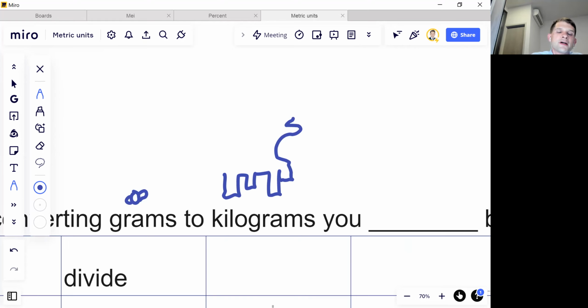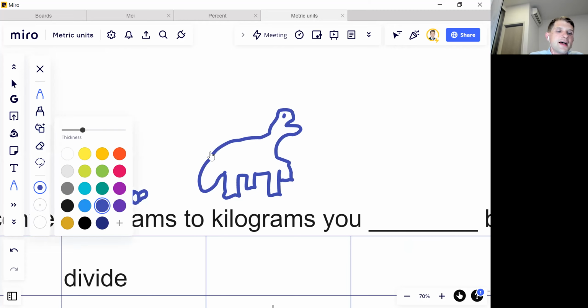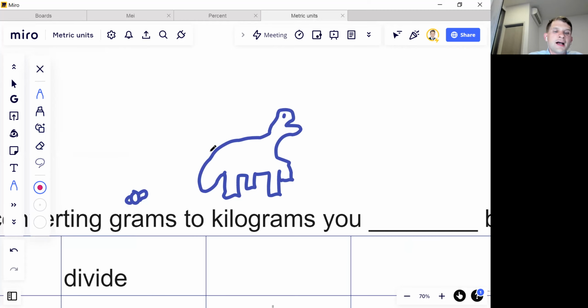All right. So this is my horse. Again, a dinosaur. Alrighty, there we go. So in this case, I'm going fly to a horse. So I'm going to go from a fly to a horse. And in that case, divide, of course. So we know we need to divide here.